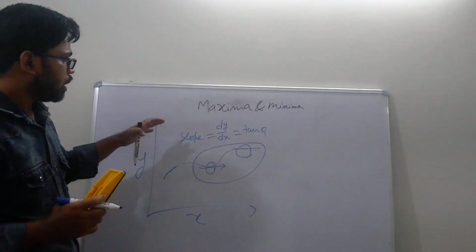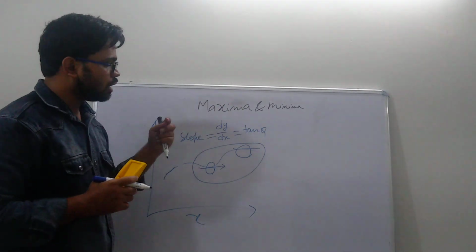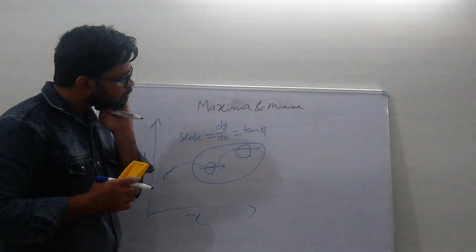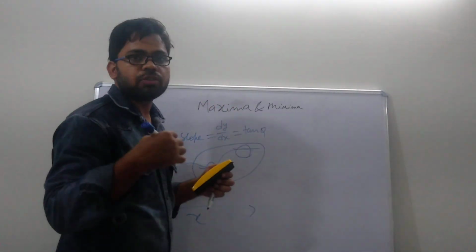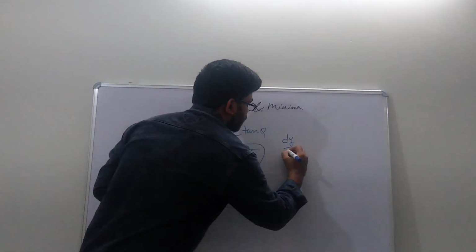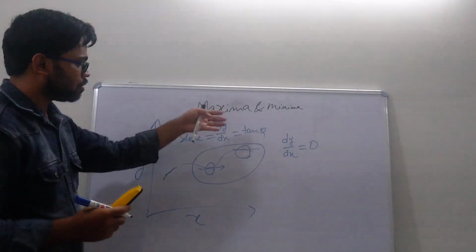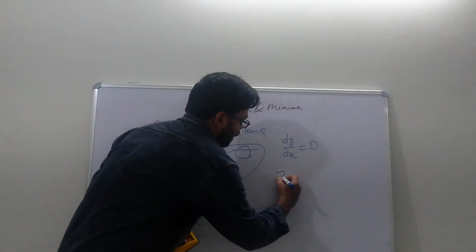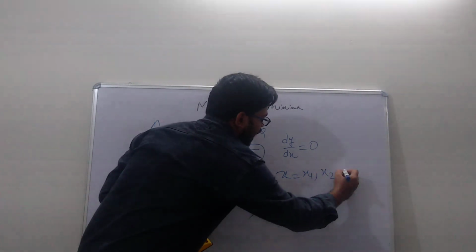So if we have some equation and we are about to find the maximum or minimum value, we just equate dy by dx equal to 0. We get some solution. It can be x equal to x1, x2, x3.